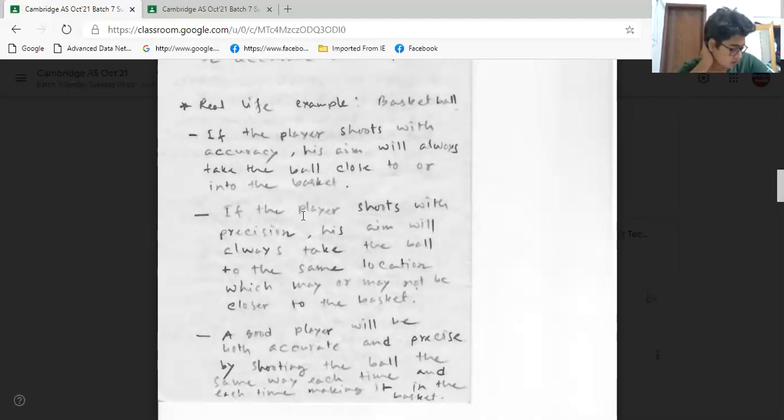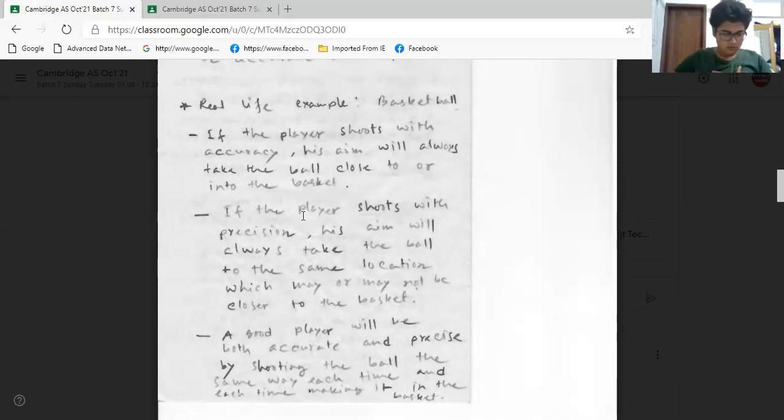There is a place beside the basket, the wooden square thing where the basket is fixed. He is going to the same place 10 times he threw it, 10 times it goes there, but it's not going into the basket. So his throwing is precise, but it's not accurate.